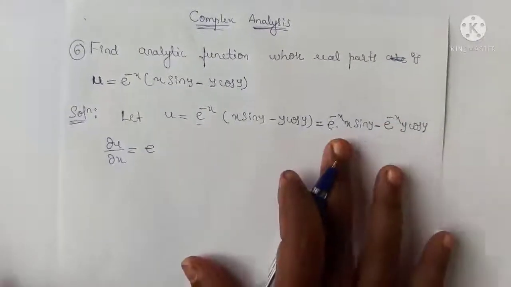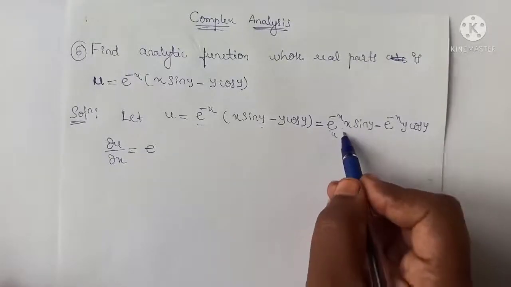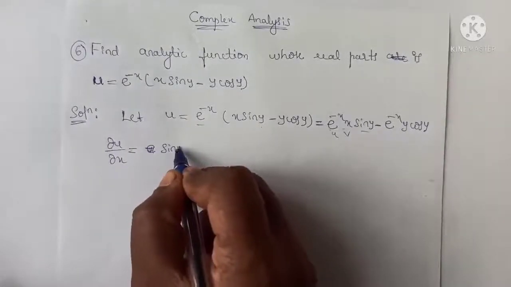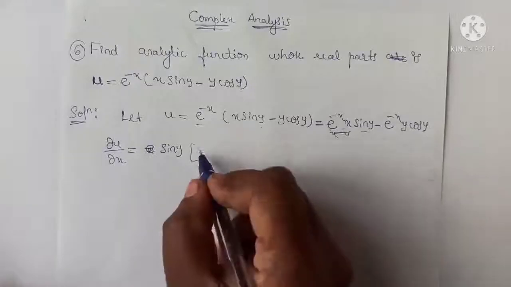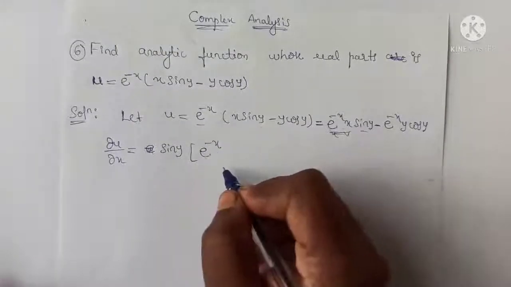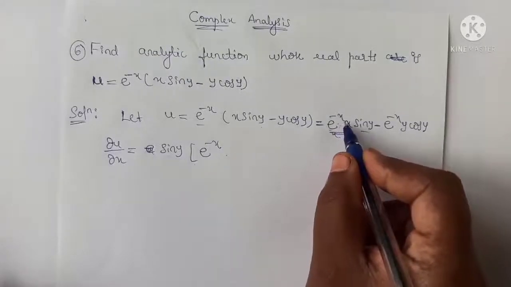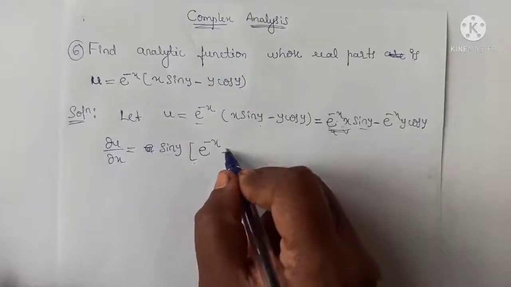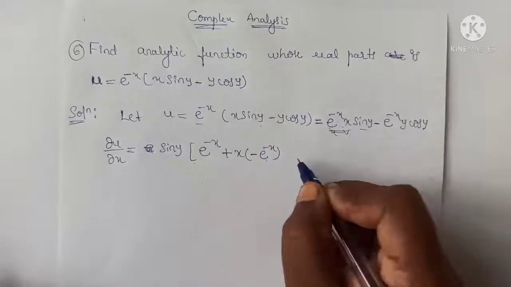Okay, now we differentiate this one. So here e raised to minus x into x, this takes the uv rule, and sin y being constant, so it is sin y into, we differentiate this one by applying the uv rule: e raised to minus x as it is, x differentiation 1, plus x as it is, e raised to minus x differentiation, minus e raised to minus x.